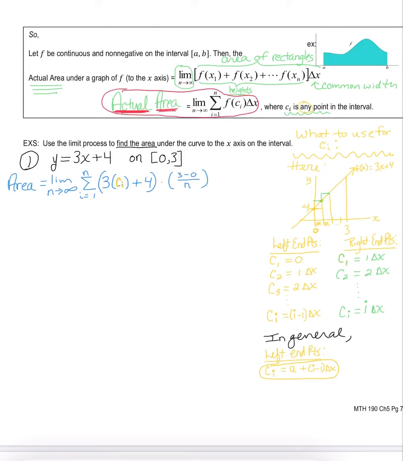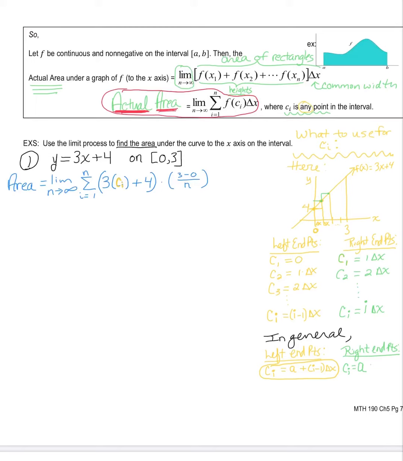Your representation for c sub i, if we're going to use right endpoints, is a little nicer. So here, c sub i, again, you have to start at a. The first example is a little nicer, a happened to be 0.